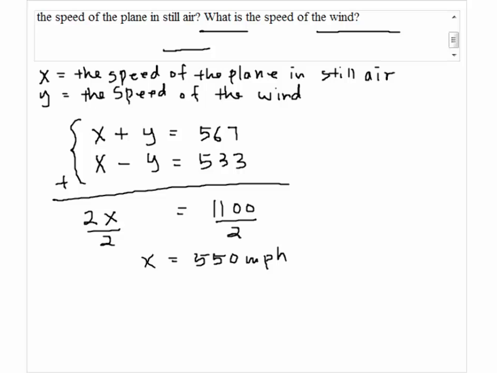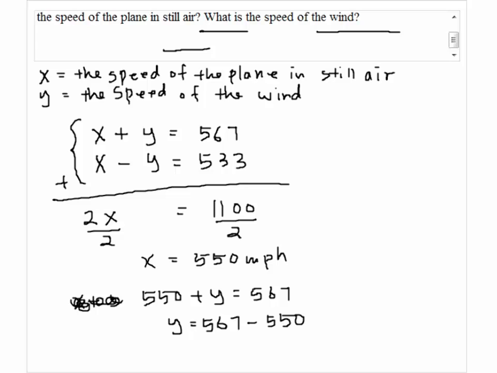To find y, we can choose either of the original equations. So we have 550 plus y equals 567. So y equals 567 minus 550, which will give us 17 miles per hour.